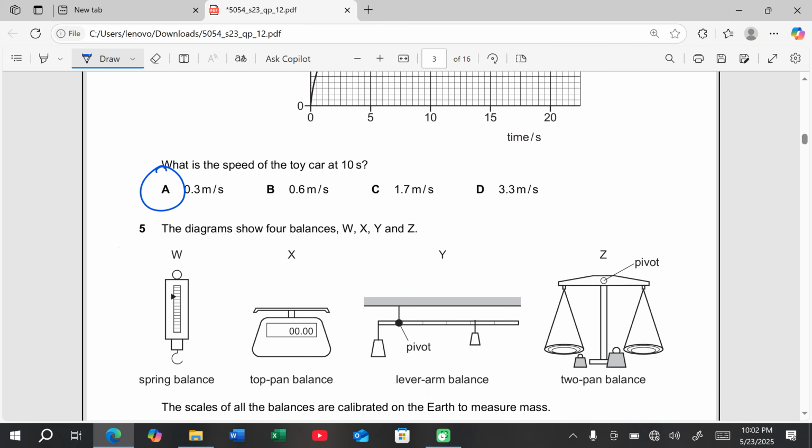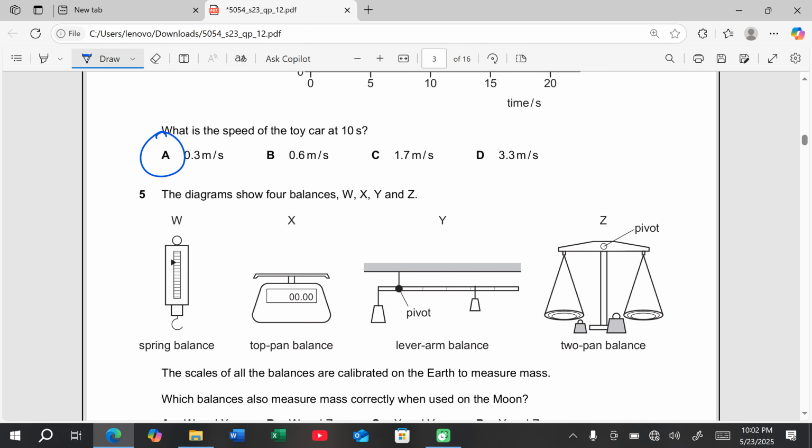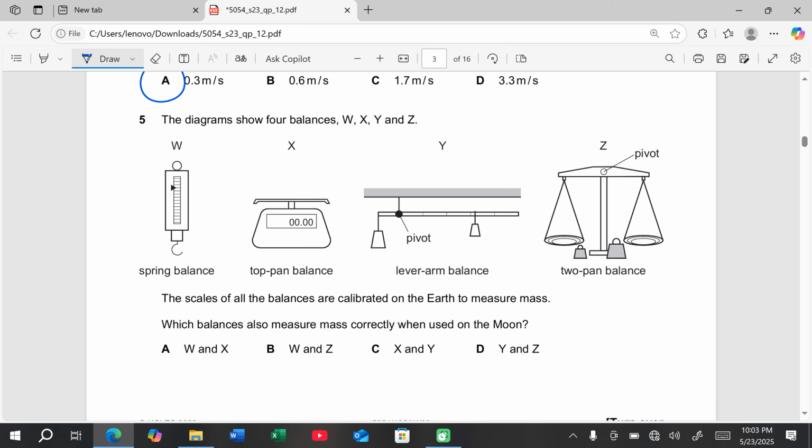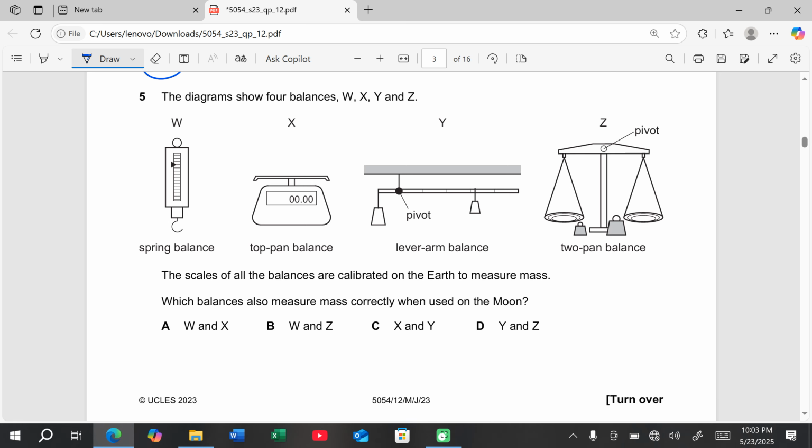In question number 5, the diagram shows the four balances W, X, Y, Z. There is a spring balance, top pan balance, lever arm balance, two pan balance. The scales of all the balances are calibrated on the Earth to measure the mass. Which balance also measures the mass correctly when used on the Moon?